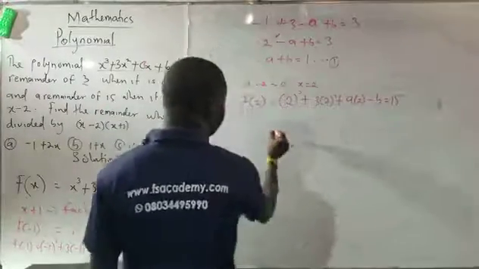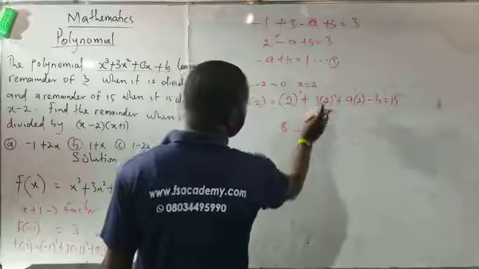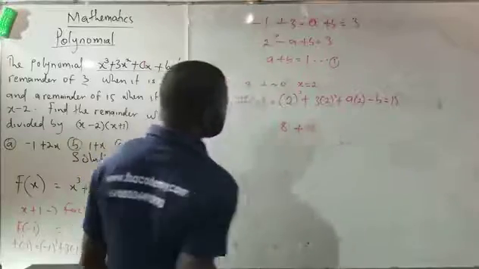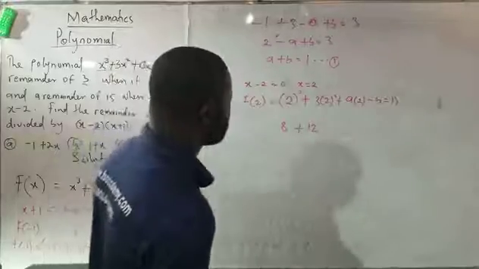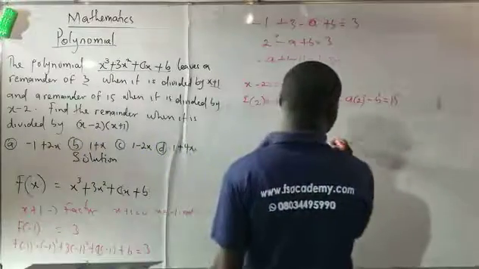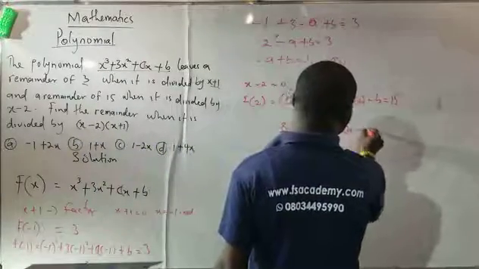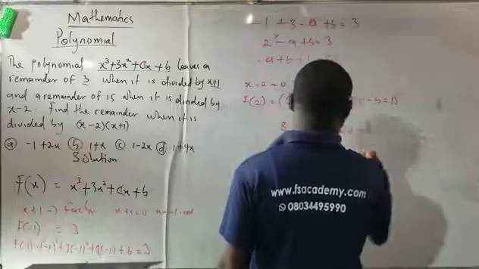At this junction, I'll have 8 plus 12, since 4 times 3 is 12, plus 2a plus b.